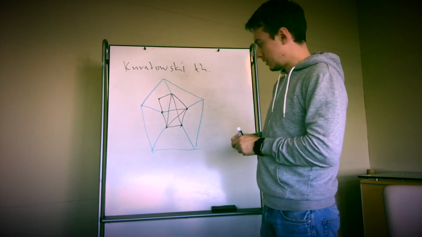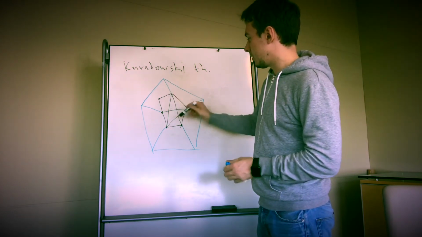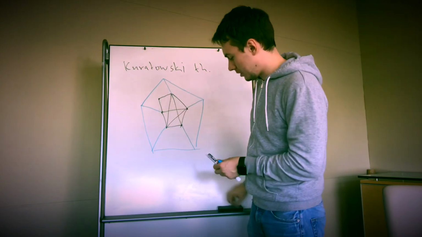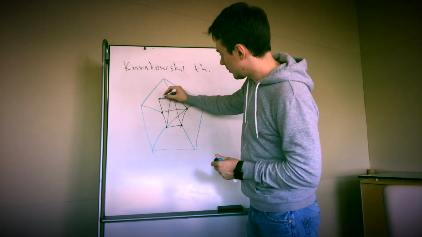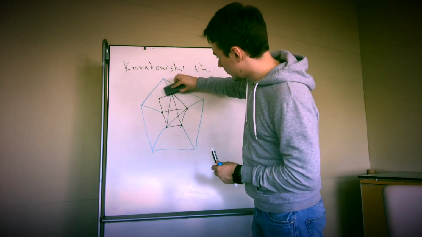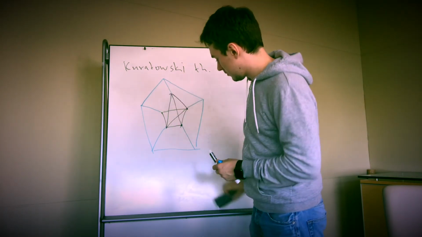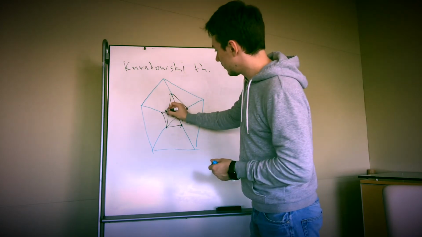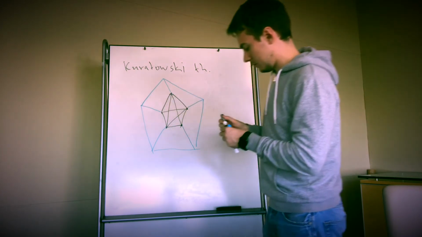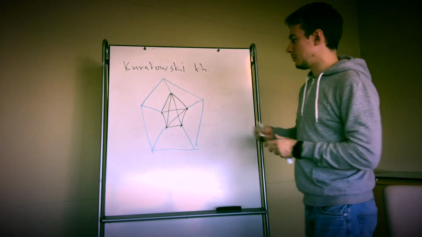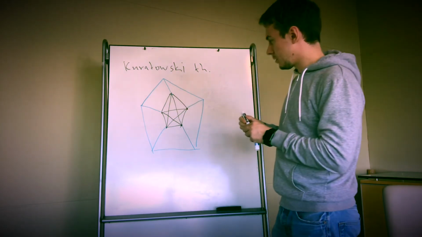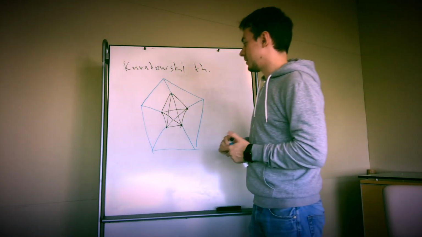Why? Because it contains a subdivision of such a graph. We can change these two edges and this vertex with one edge. Like this. So now it is obvious that this graph is not a planar one.